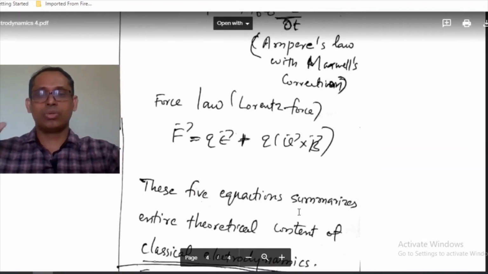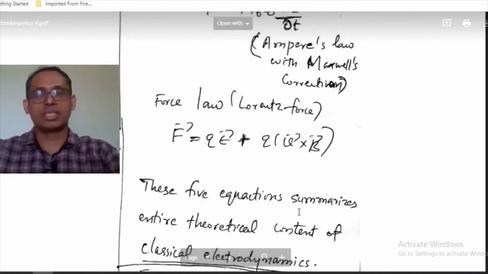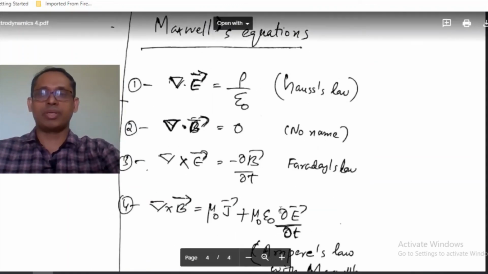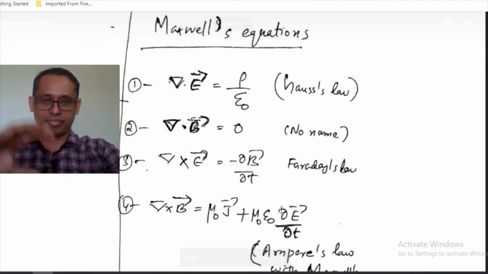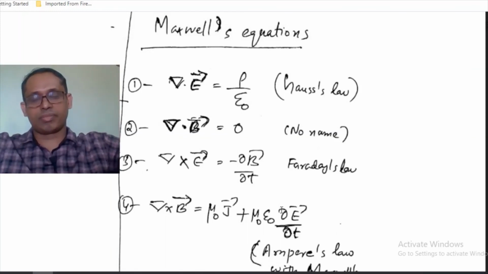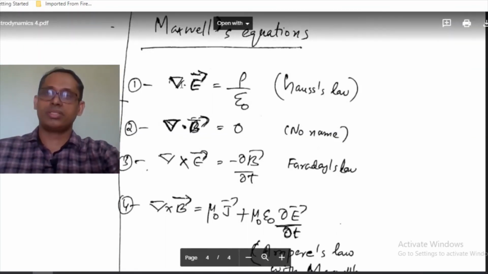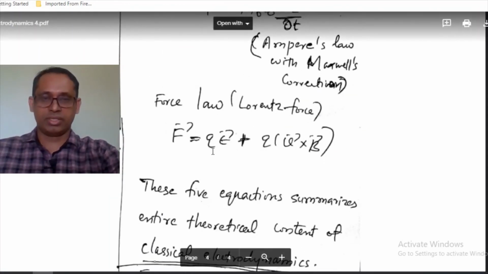So the theoretical content of classical electrodynamics is completely represented by these four Maxwell equations along with the Lorentz force law.